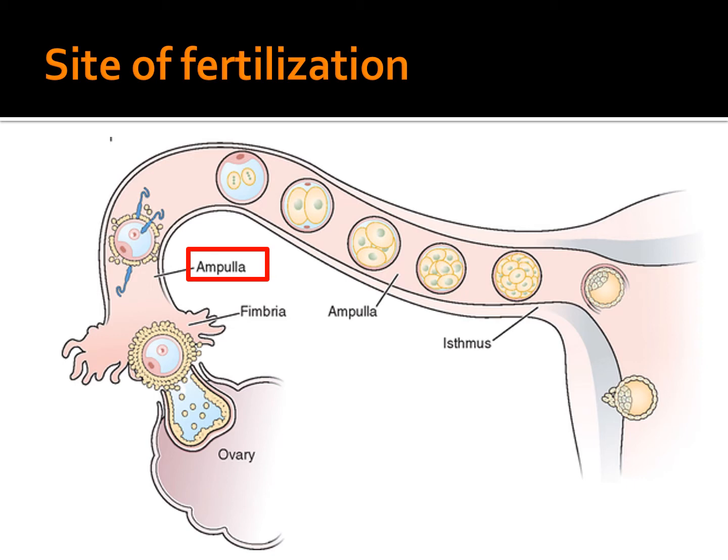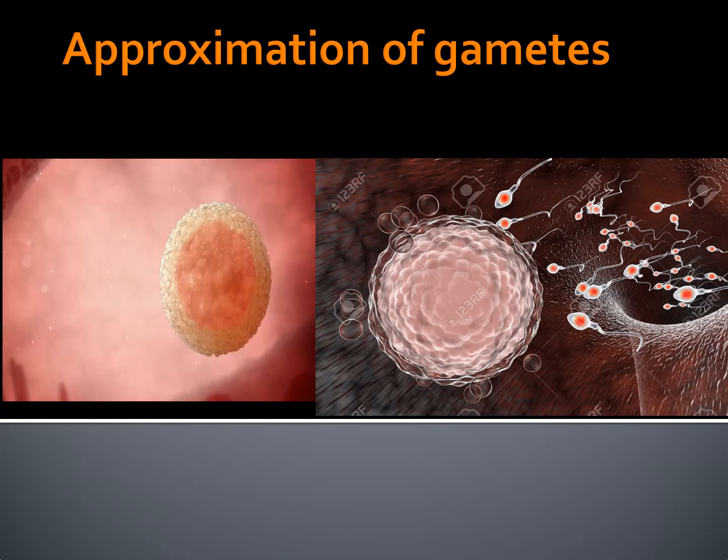Here in this picture, we can visualize the approximation of the gametes. The ovum is surrounded by a large number of spermatozoa. This is called the approximation of gametes.